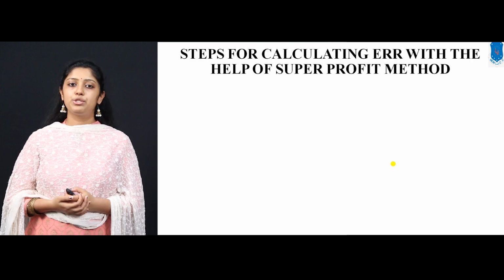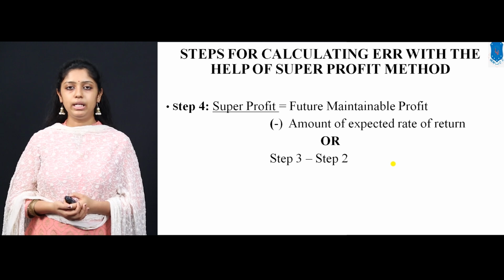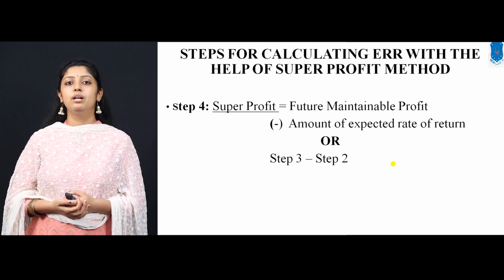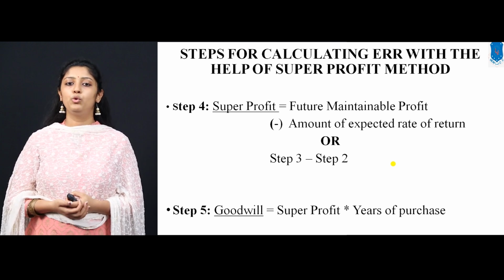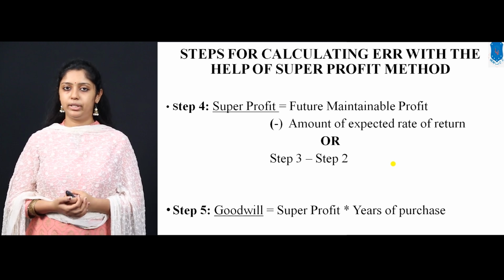Step number 4 is to calculate super profit. In simple words, we can say step 3 minus step 2, that is future maintainable profit minus amount of ERR. And lastly is to find out the amount of goodwill, that is step 4 or super profit into years of purchase. Now let us solve one example.